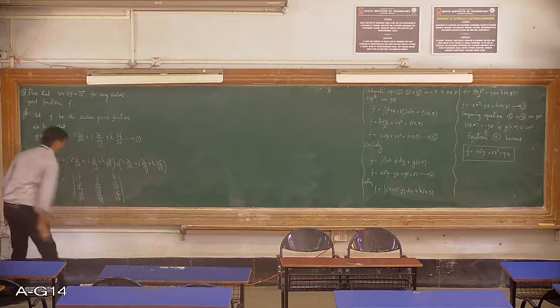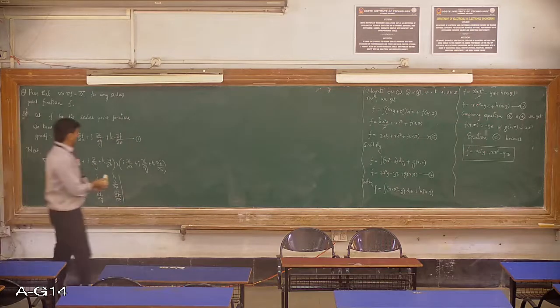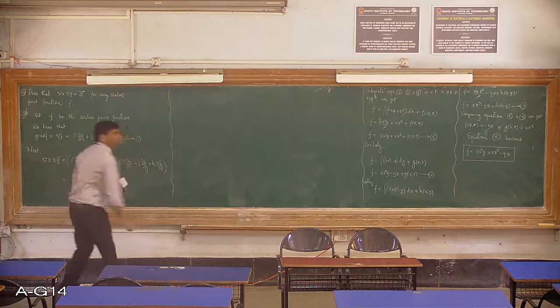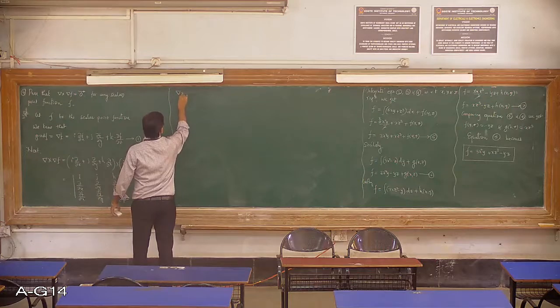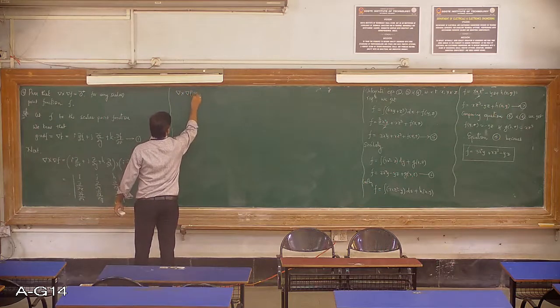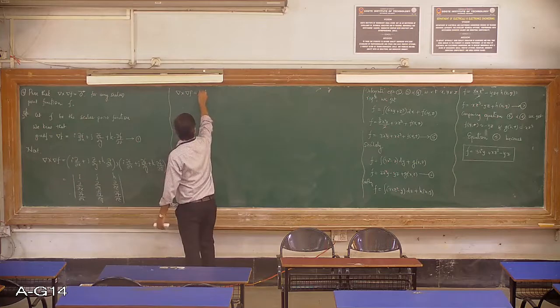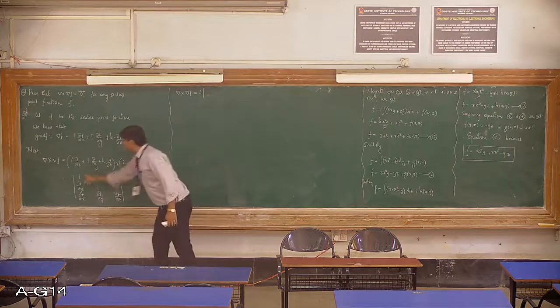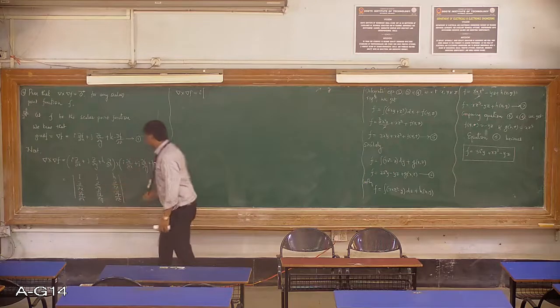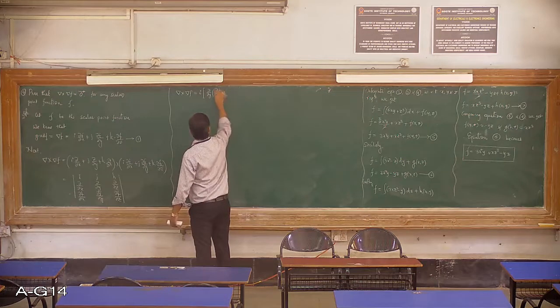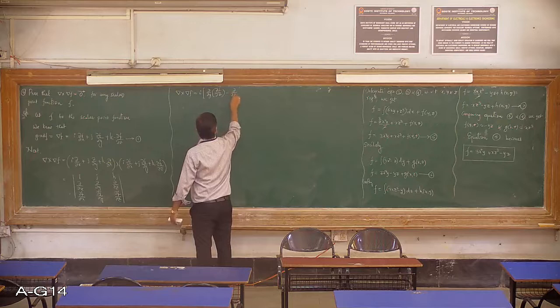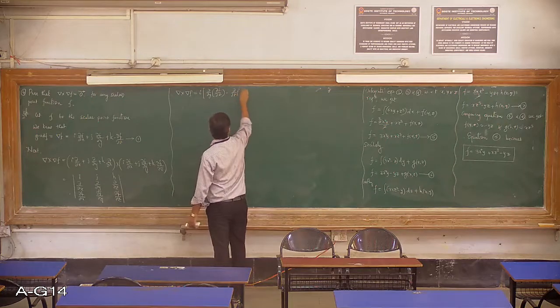Now this determinant, del cross del f, is equal to i in the bracket, leaving the first column and first row: dou by dou y of dou f by dou z minus dou by dou z of dou f by dou y.